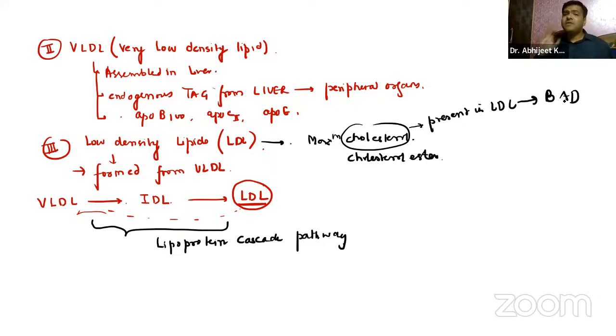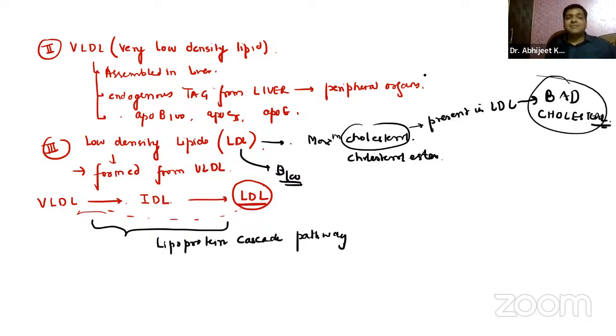The examiner will always ask you what is bad cholesterol. That is the bad lipoprotein, the low density lipoprotein, with bad cholesterol. The major apolipoprotein here is B100. They will always ask you which is the bad lipoprotein. It is the low density lipoprotein, and it is the bad one because it has the bad cholesterol.